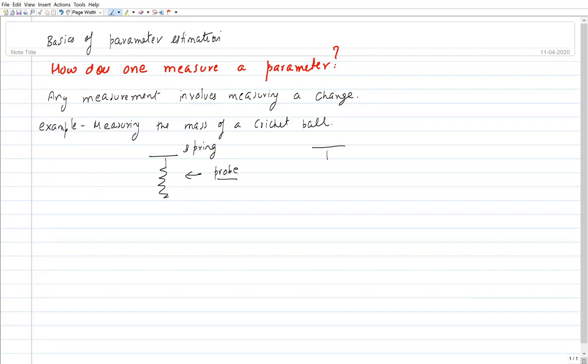And what I'll do is I'll just attach the ball to the end of the spring, and I'm going to measure the extension of the spring from its initial position.